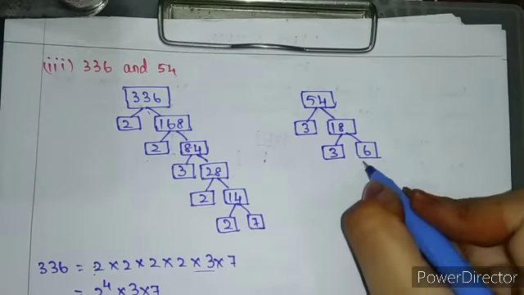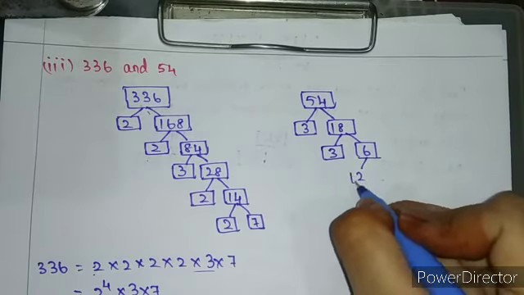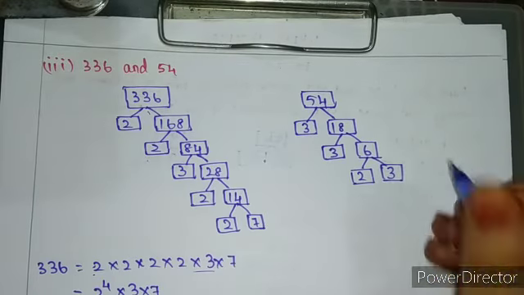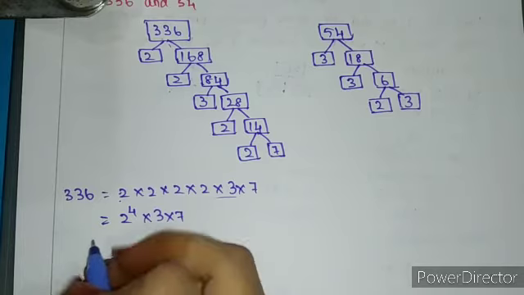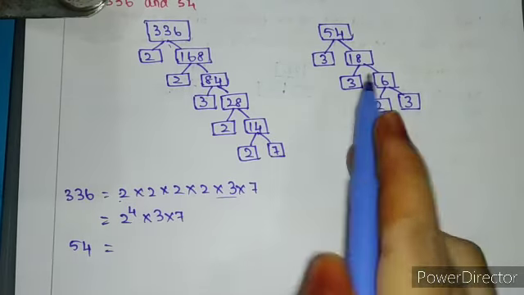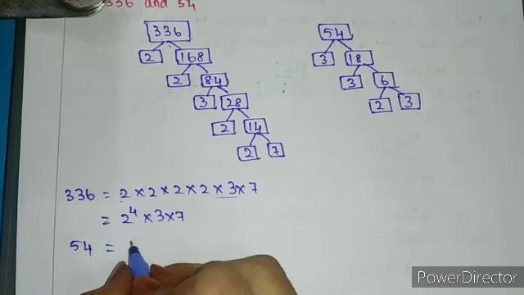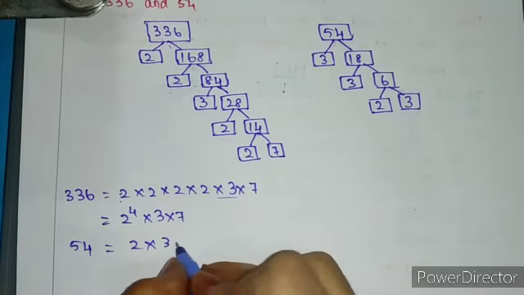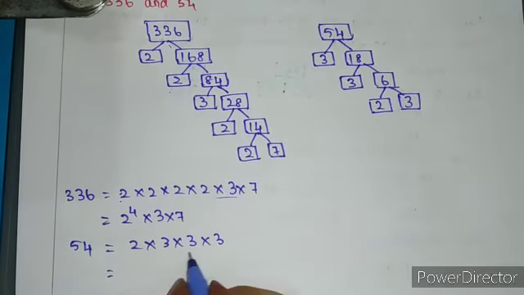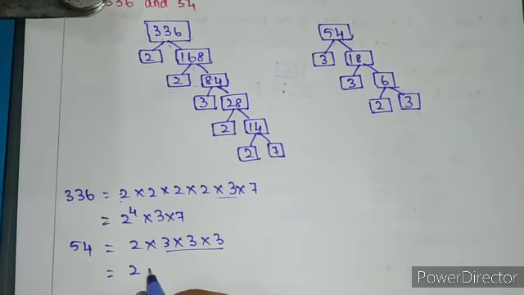And this 6 can be written as 2 into 3. So 54 can be expressed as the product of primes as 2 into 3 into 3 into 3. So when we group the common primes, we get 2 into 3 cube.